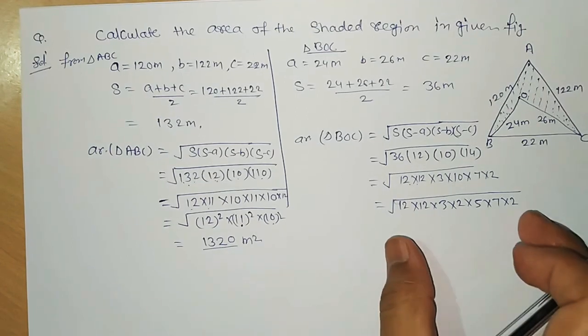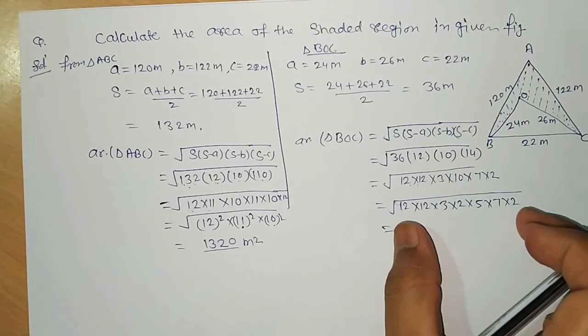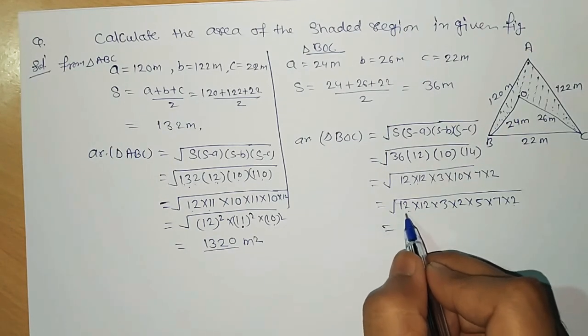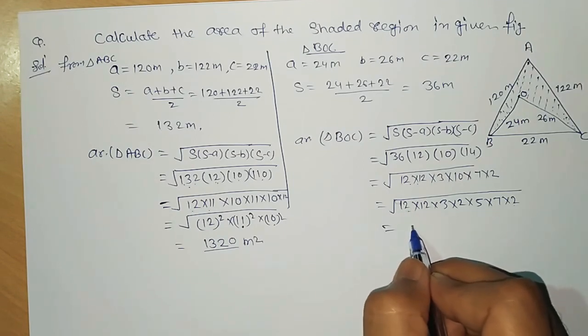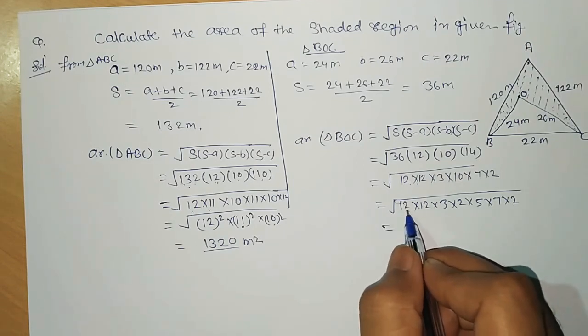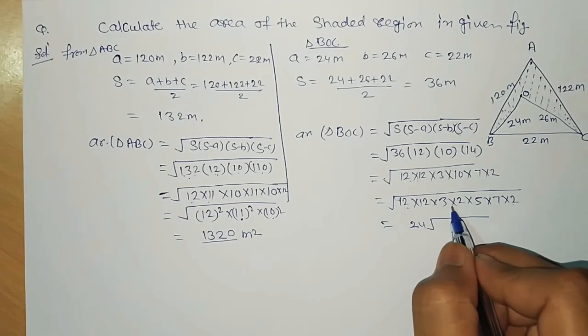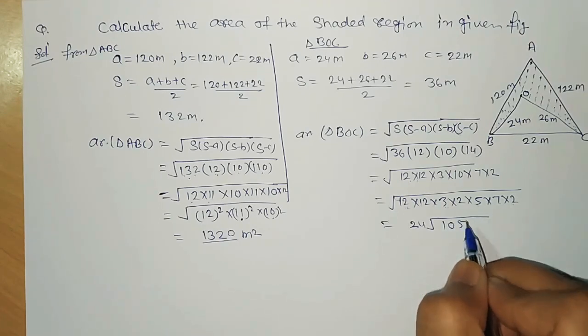This is not a proper square, so some elements are common: 12 and 2, and 12 into 2 is a square, so under the root form, 24 is common, and 3, 5 and 7 give 105.